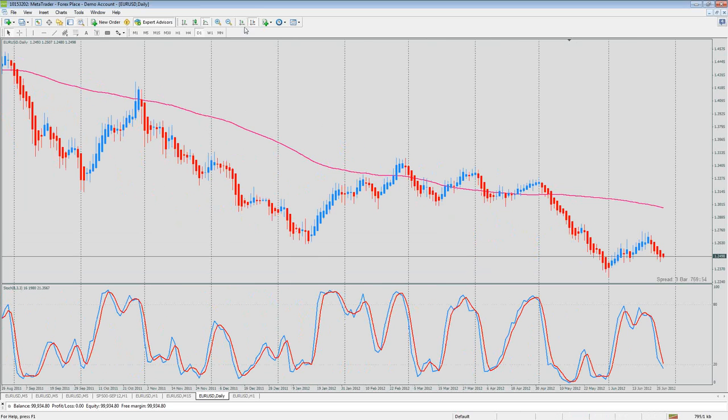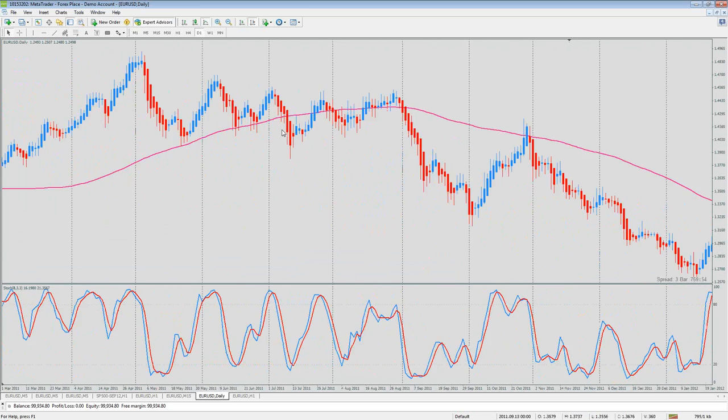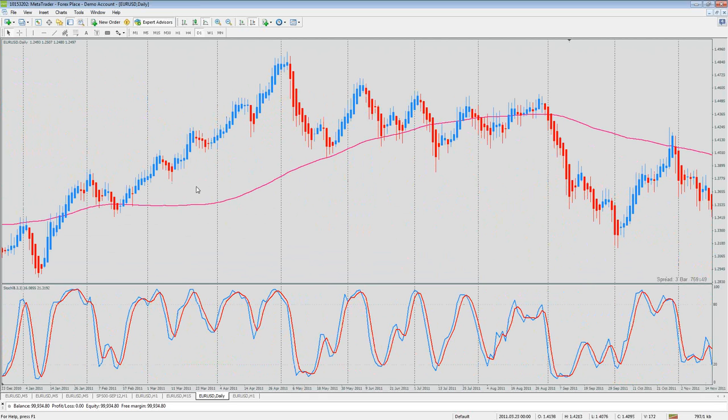For long, what you're looking for is for the price to be above the 100 SMA, the 100 simple moving average, and Heikin Ashi candles should be blue, and especially with reversal candles, and we'll elaborate on that shortly, but we're actually looking for reversal areas.